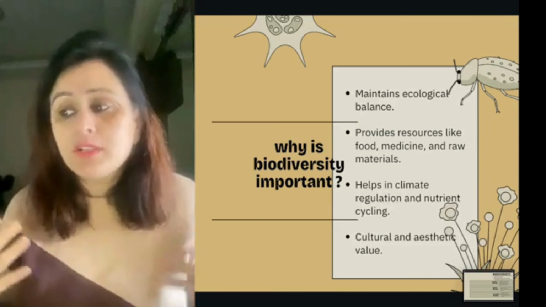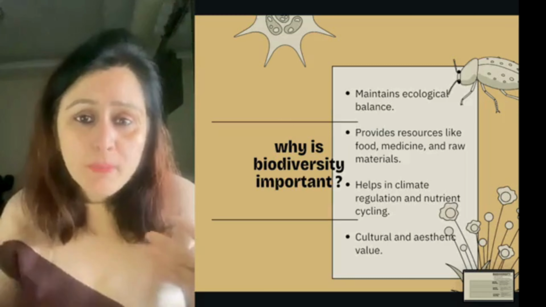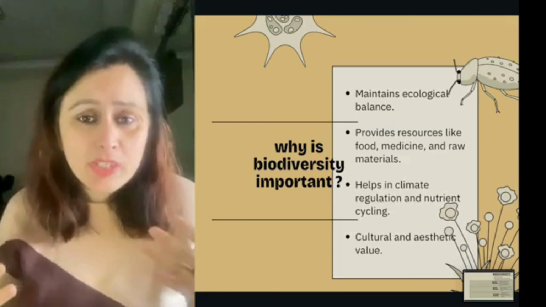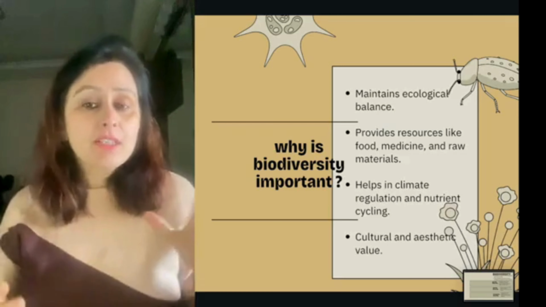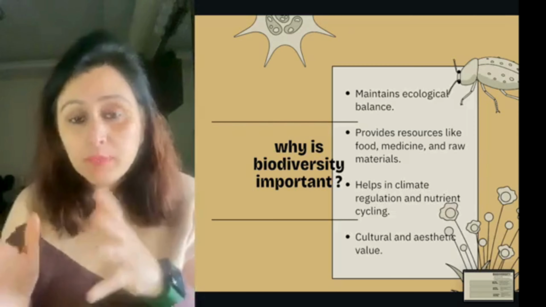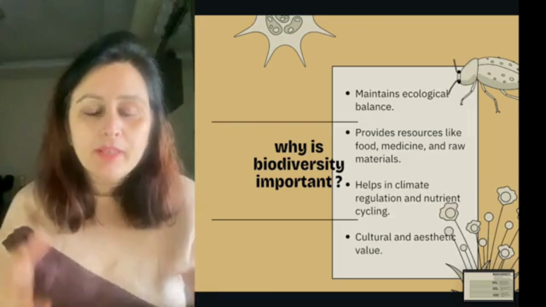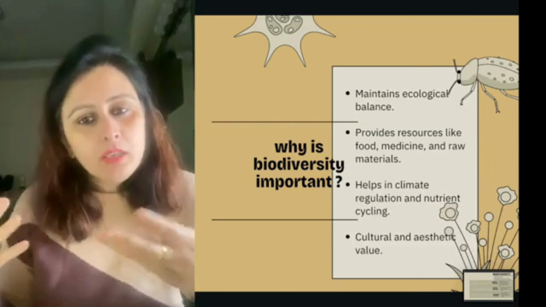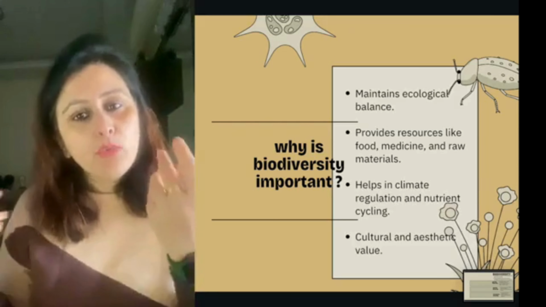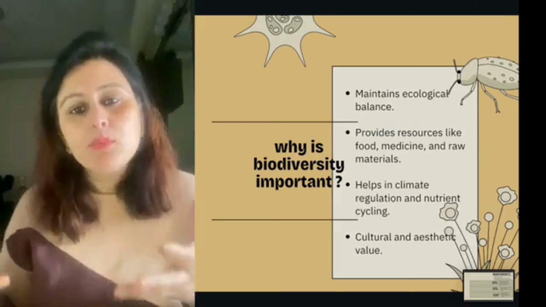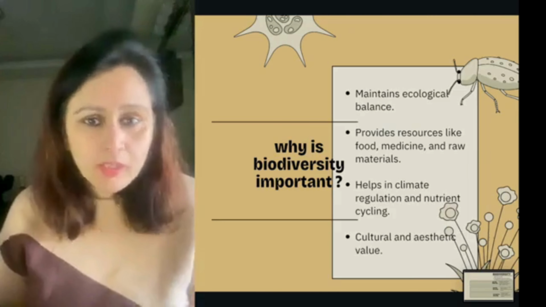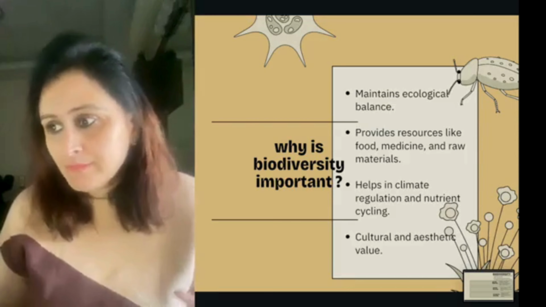Secondly, they provide resources like food, raw material and medicines to each other. As we have just discussed, कि जो plants हैं वो herbivores के लिए food हैं, जो herbivores हैं वो carnivores के लिए food हैं, और eventually ये जो carnivores हैं वो scavengers and decomposers के लिए food हैं when they are no more alive, right?